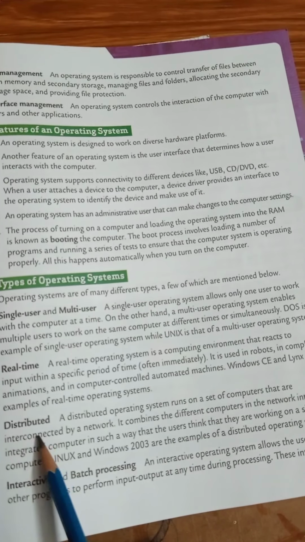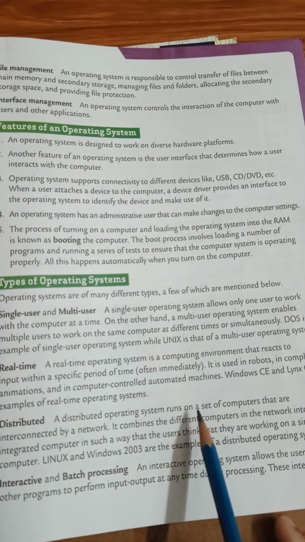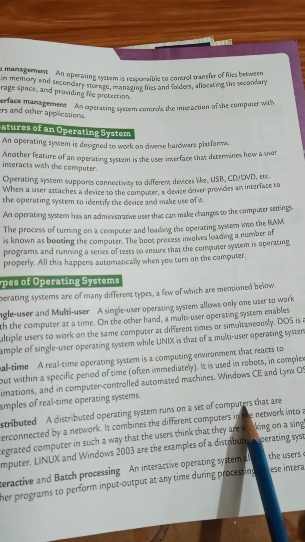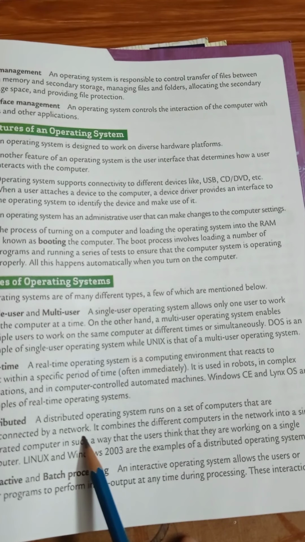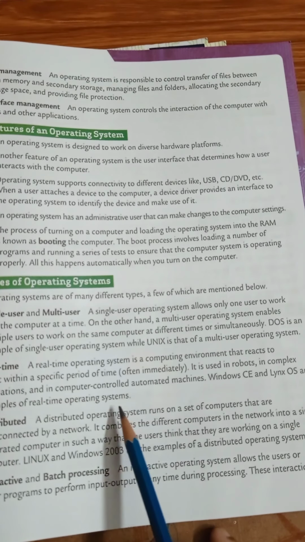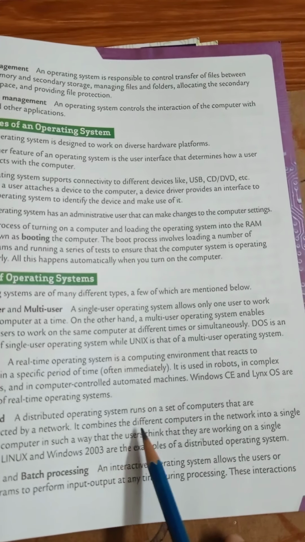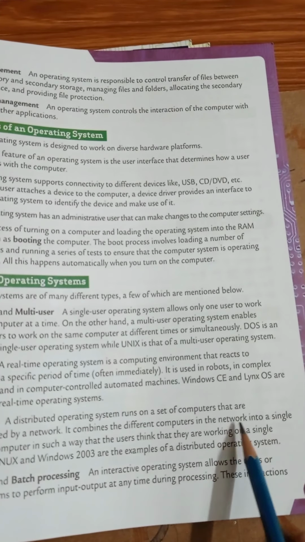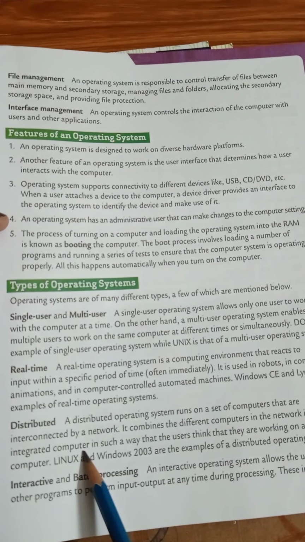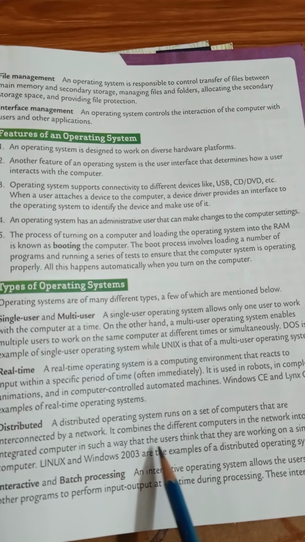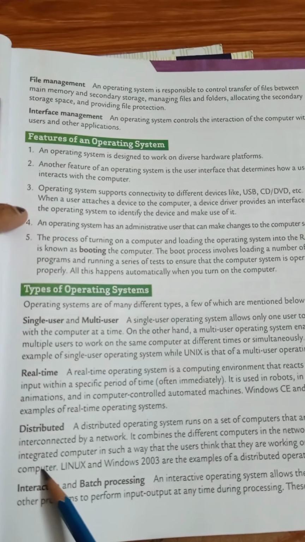Next is distributed operating system. A distributed operating system runs on a set of computers that are interconnected by a network. It combines the different computers in a network into a single integrated computer in such a way that users think they are working on a single computer.